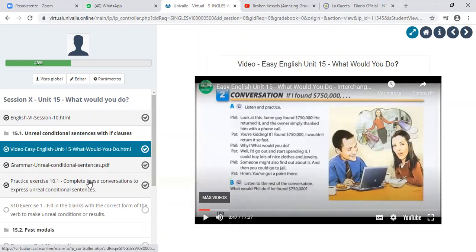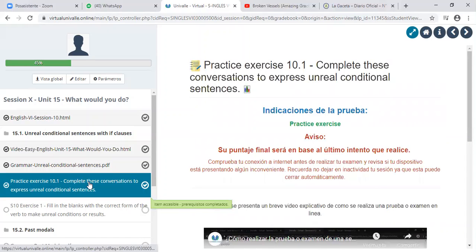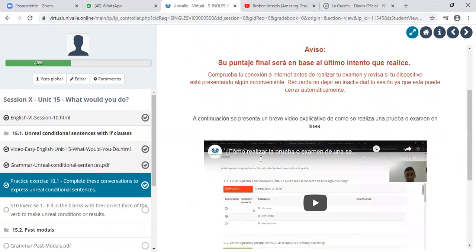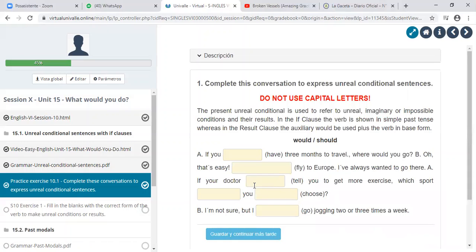Okay, now we have a practice exercise. Complete this conversation to express unreal conditional sentences. So right now we're going to get started with our practice exercise. The instructions are: complete this conversation to express unreal conditional sentences.